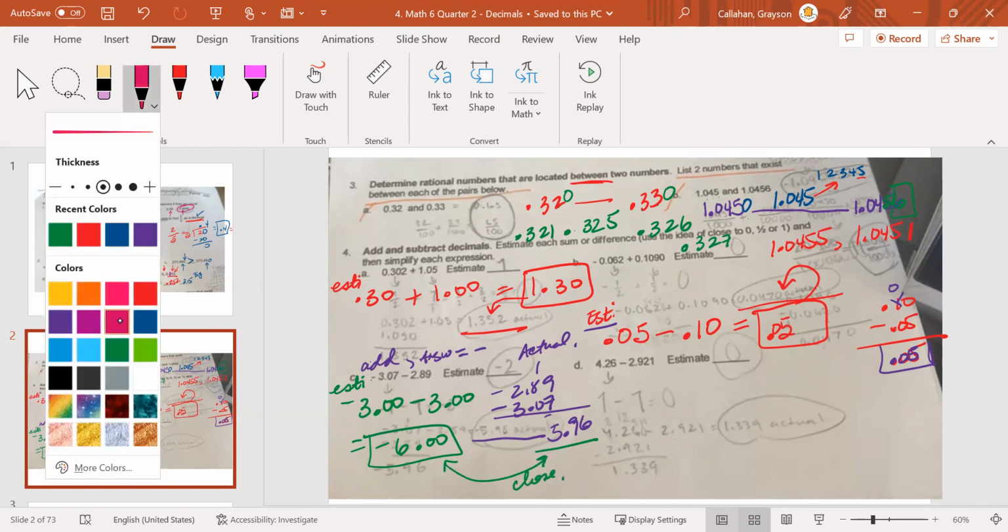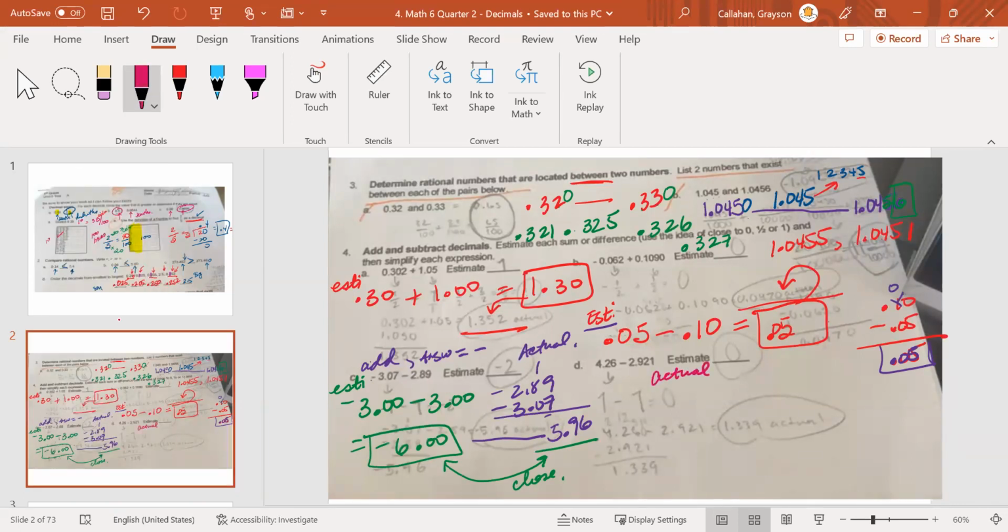So for this one here, let's do the actual right here. I always like to start off by looking at the sign. So that's a positive, that's a negative, right? So that means I need to subtract, right? And since 4 is bigger, my answer is going to be a positive answer, right? So I always start off, since I'm going to subtract, make sure you put the bigger number on top. So 4.26 and then 2.921.